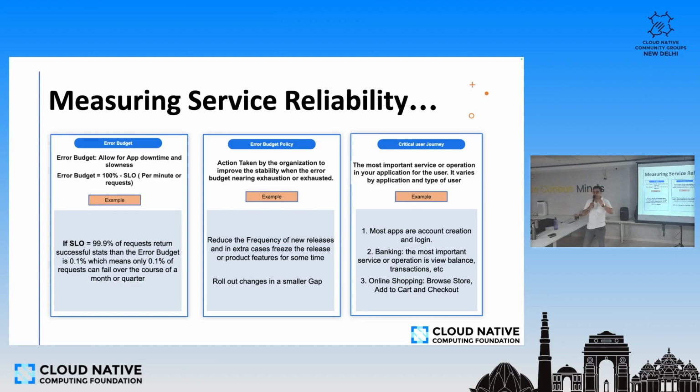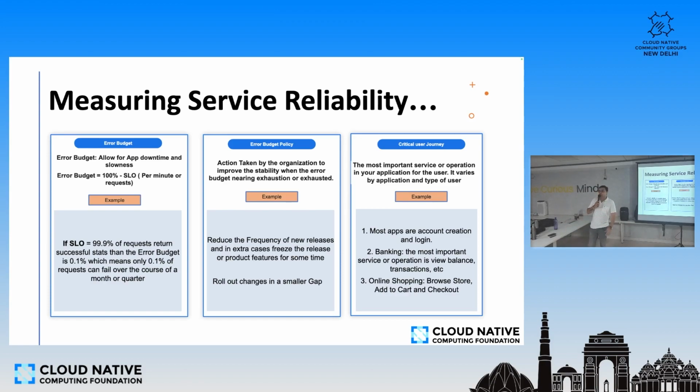So I told you, if the availability of your service is 99.99%, then 0.01% is your error budget, right? For example, if SLO is 99.9% of requests return successful status, then the error budget is 0.1%, which means only 0.1% of requests can fail over the course of a month or quarter.